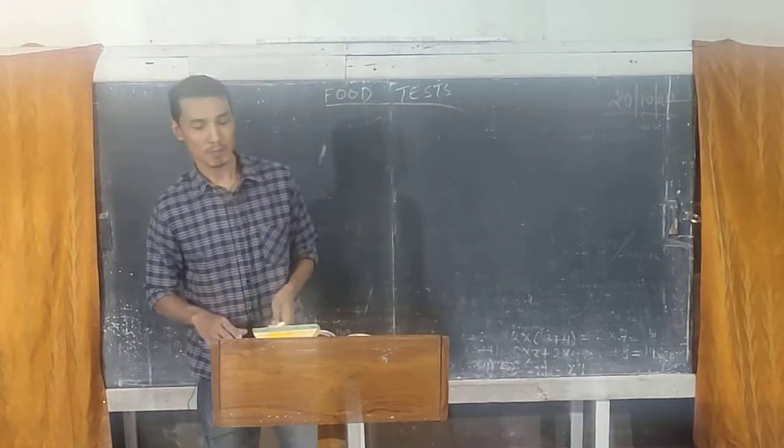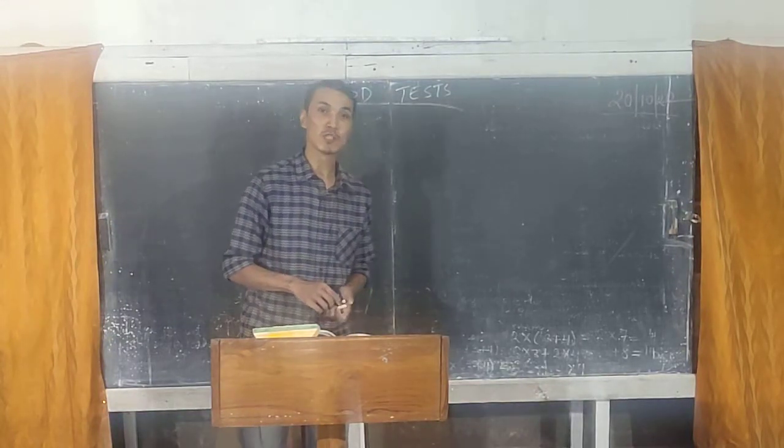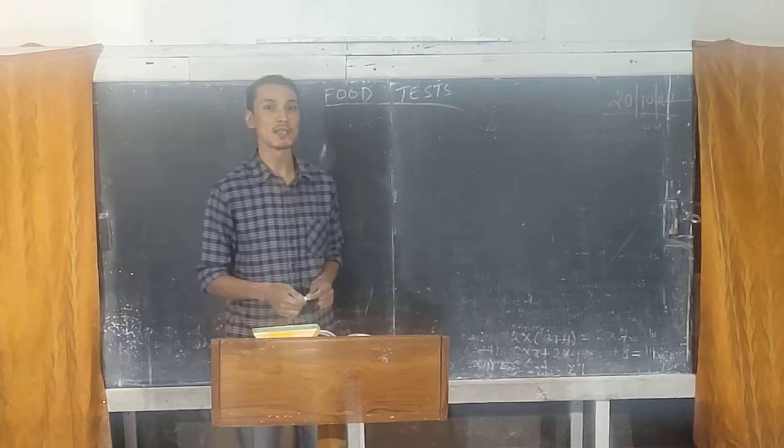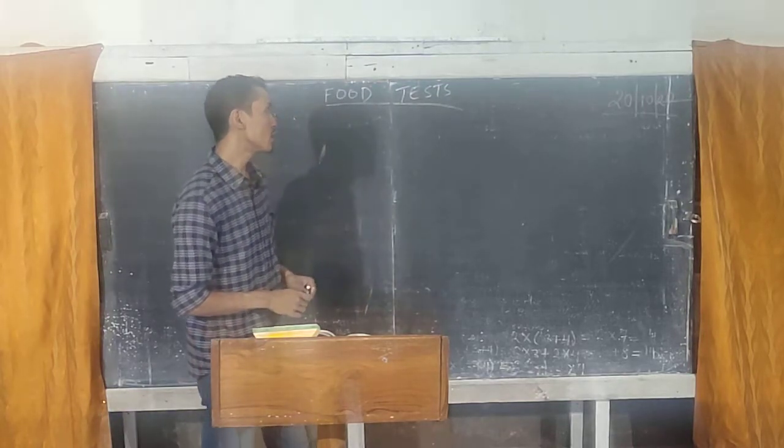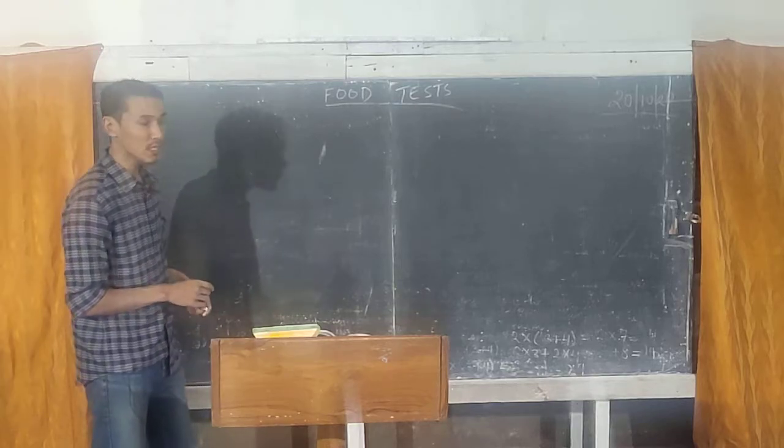So continuing with your chapter on digestion, we are moving to the last part of the chapter, that is food test. So before we go into food test, just a recap of the chapter.